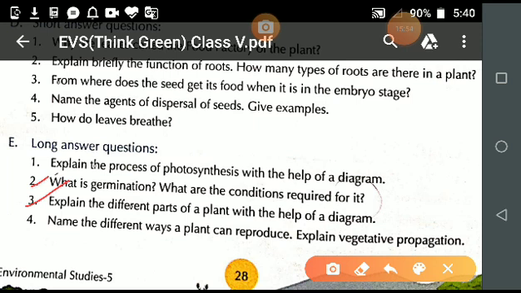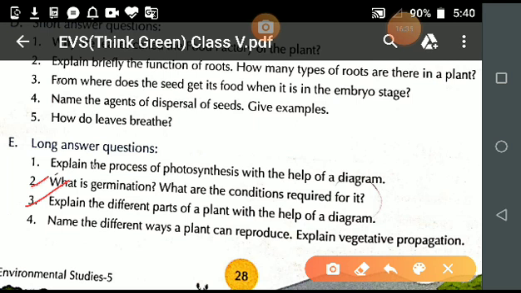See, in the beginning of the chapter, I explained to you that when we study plants, the plant is divided into two parts, root and shoot. So, what is root?